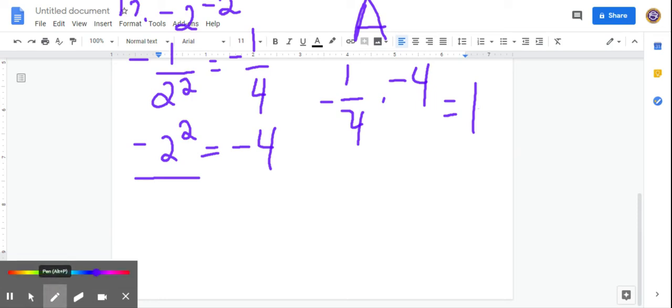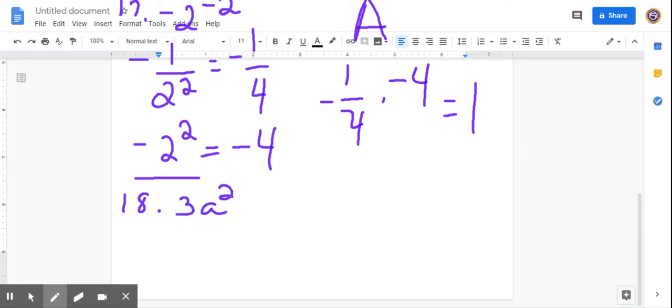Number 18. 18 says to rewrite 3a squared b to the negative 2 c to the negative 3 using positive exponents. So when you have positive and negative exponents, you know you're going to end up with a fraction.